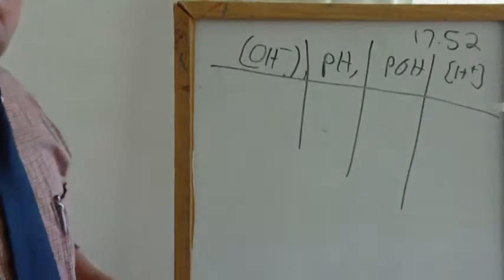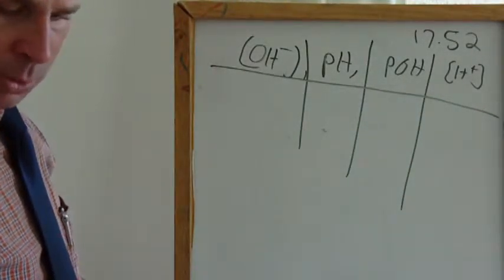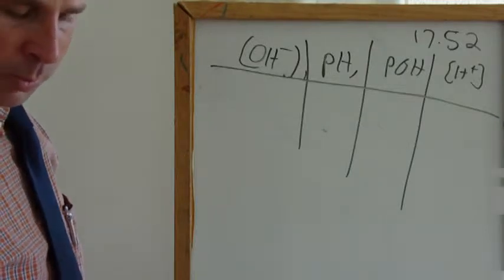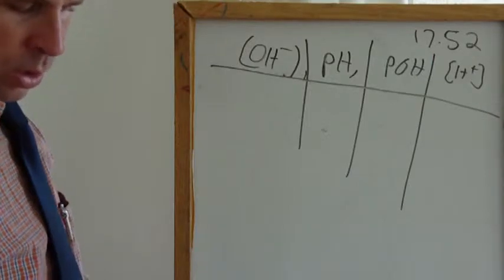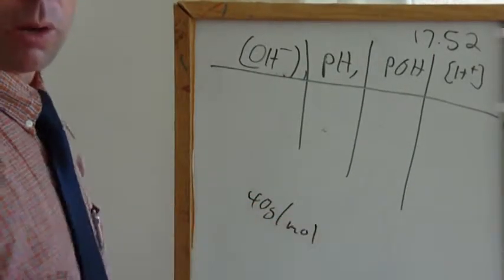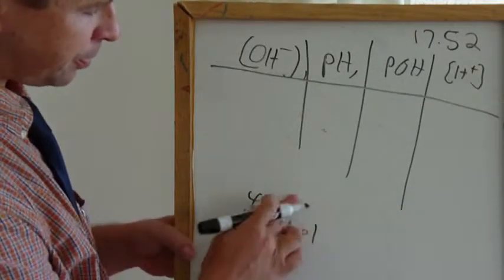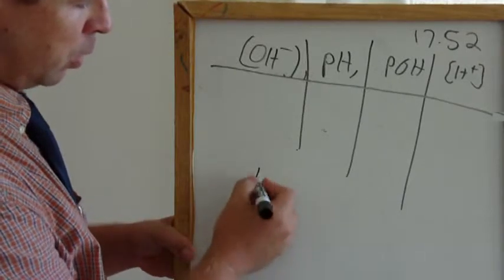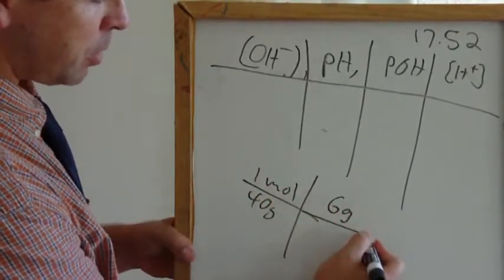All right. Well, we put in 6 grams of sodium hydroxide. Sodium hydroxide has a molar mass of sodium's 23 plus oxygen 16 plus hydrogen 1, so we have about 40 grams for every mole. One mole of sodium hydroxide has 40 grams, and we put in 6 grams.